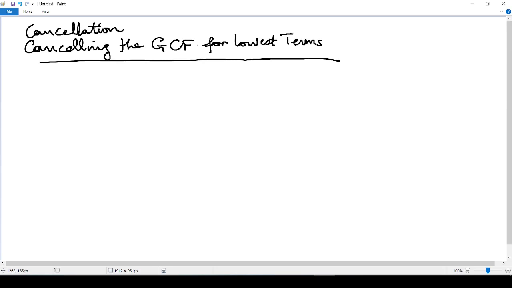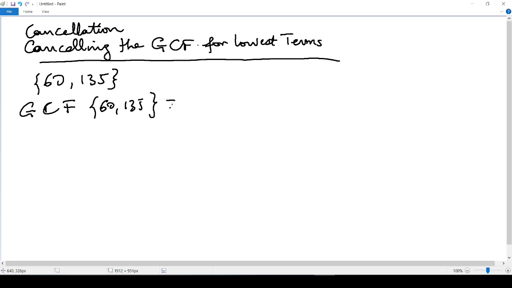We are going to use our set 60 and 135 that we used before. We know that the GCF of 60 and 135 is equal to 15, right? We just saw it.